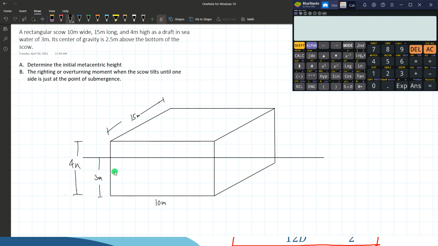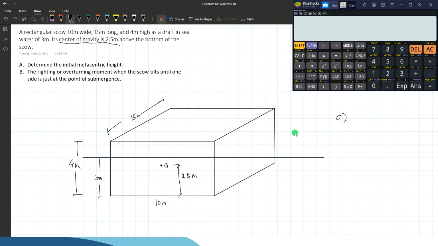Its center of gravity is 2.5 meters above the bottom. In this problem, the location of the center of gravity is indicated here, so just follow that. That's 2.5 meters above the bottom, your point G. Determine the initial metacentric height.